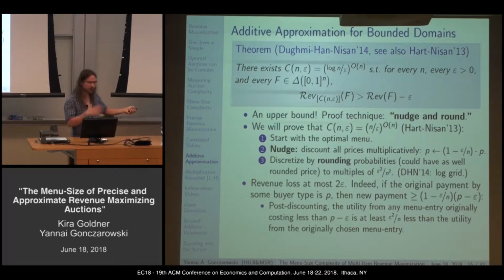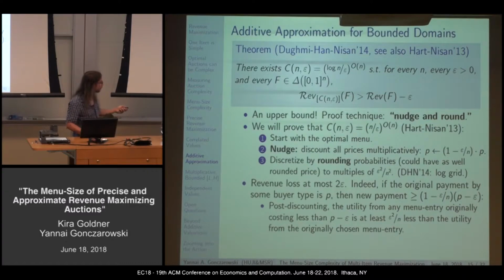We have something that he's considering deviating to, which originally cost p minus epsilon or less. And the difference between the discounts is at least epsilon squared over n. We've given a multiplicative discount of epsilon over n, and there's an additive difference of epsilon between p and p minus epsilon. So there's an additive difference in discounts of epsilon squared over n.